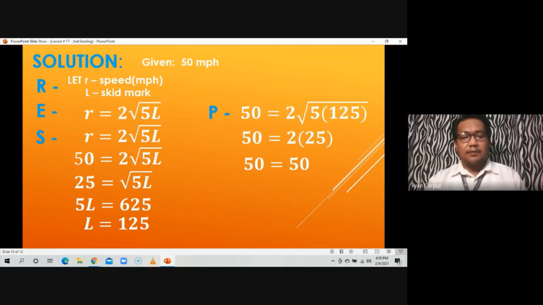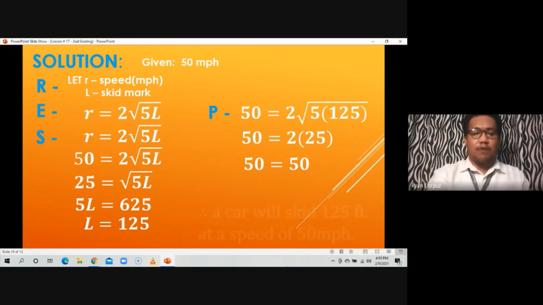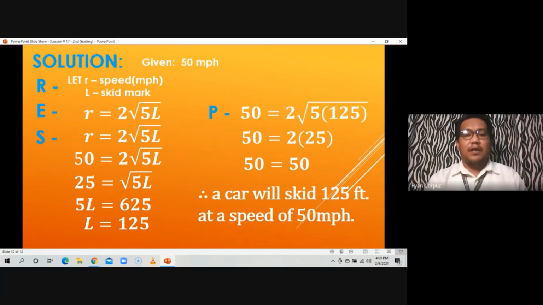Now, let us now come up with our conclusion. So the one that will answer what is asked in the problem. So therefore, a car will skid 125 feet at a speed of 50 miles per hour. So kailangan niya ng mag-skid siya ng 125 feet kasi yung skid mark is in terms of feet.